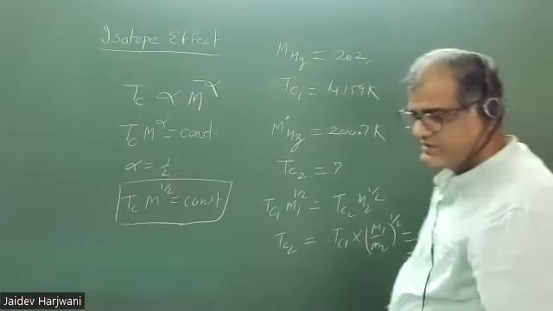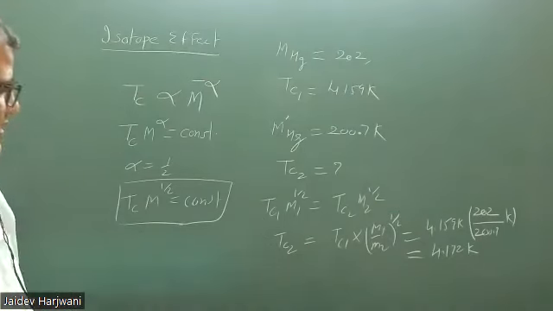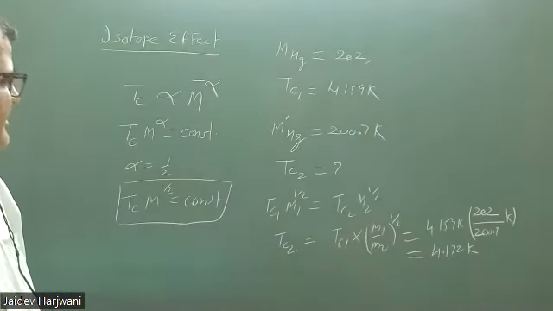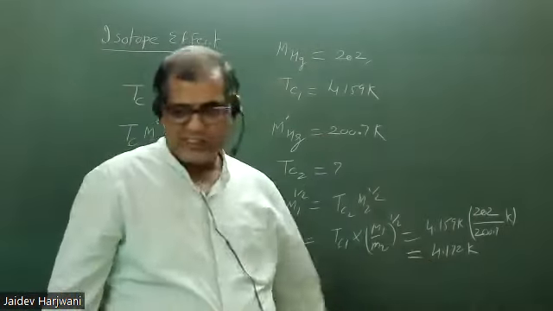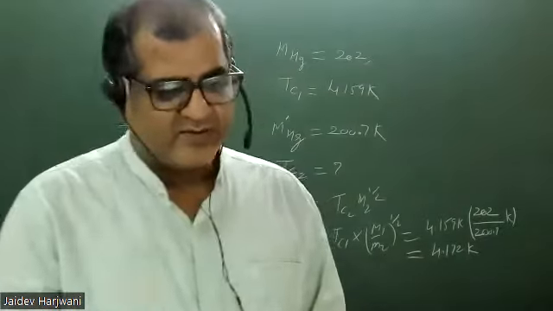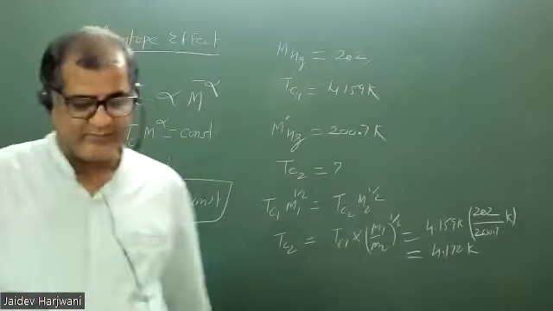Just check whether it's coming or not. So the mass is higher, so the transition temperature is slightly higher. With less mass, the transition temperature is also slightly lower. So transition temperature varies with mass. This is called the isotope effect.